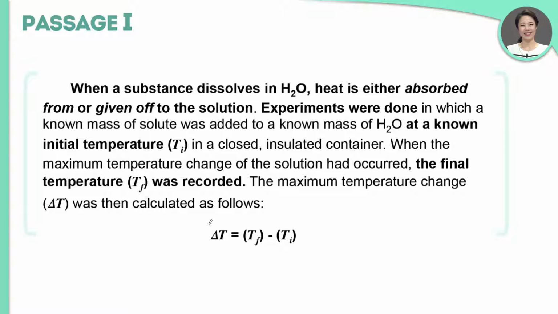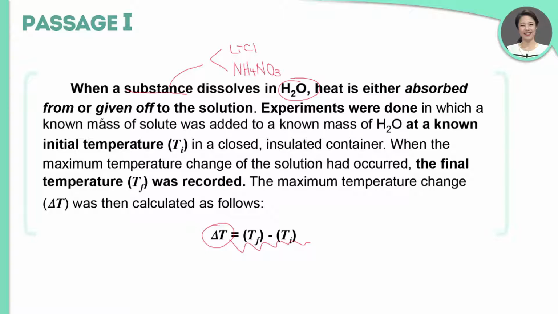Passage 1. In passage 1, this delta T is very important: T final minus T initial. T is temperature. When a substance dissolves in water, heat is either absorbed from or given off to the solution. We are going to use two substances, LiCl and NH4NO3.